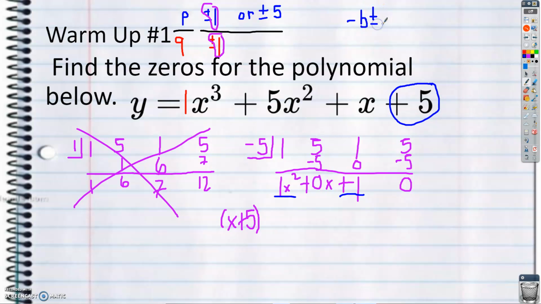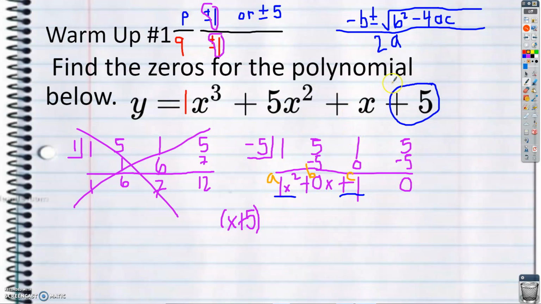And please remember that you could use the quadratic formula anytime you would like. Anytime you have an x squared, you can use it. So I'm going to use the quadratic formula over here. So I have negative b, and remember this is my a value, this is my b value, and then this is my c value.